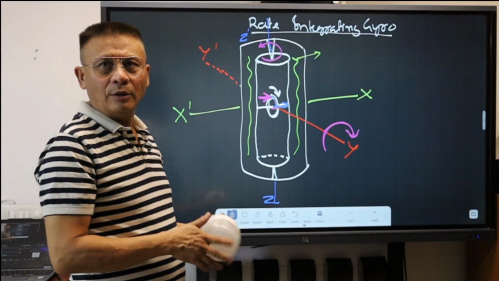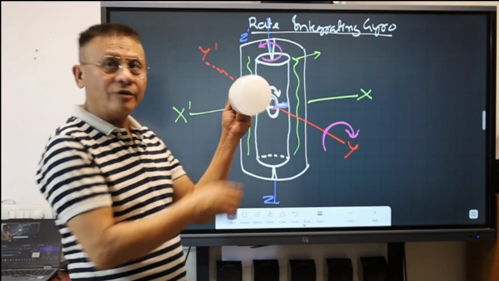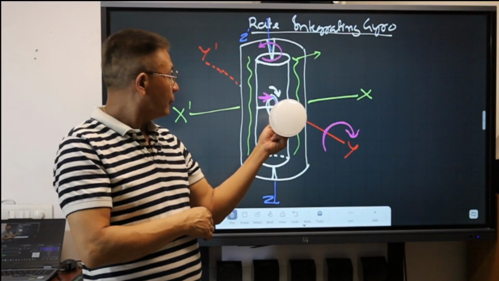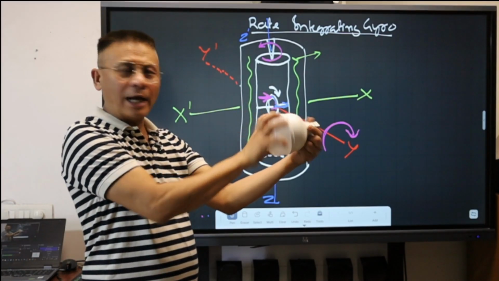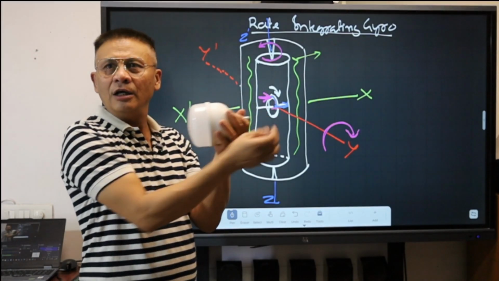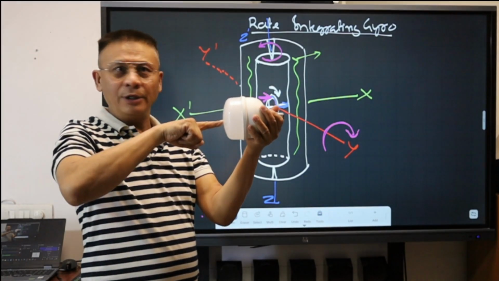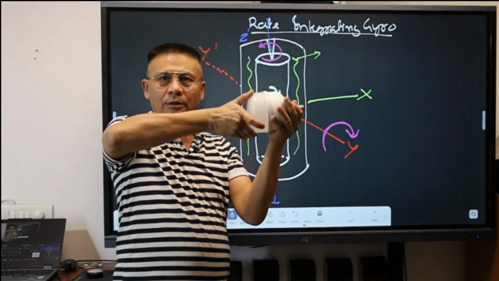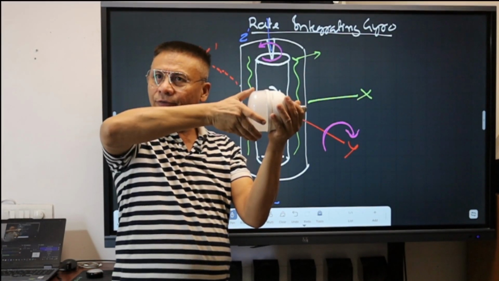Now, let me demonstrate it. This is the rotor of a gyro, and this is the spin axis. So it will be there also. Let us assume that the gyro is rotating like this. Am I right?